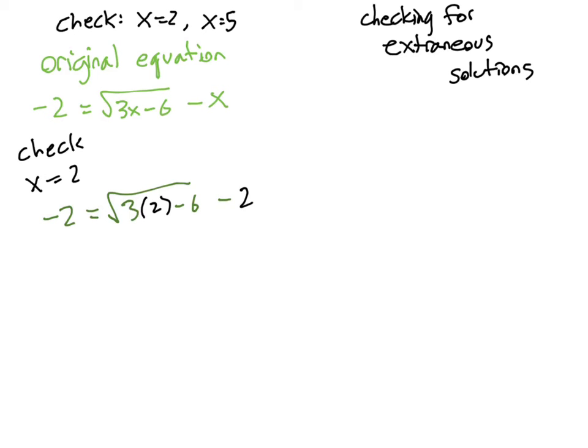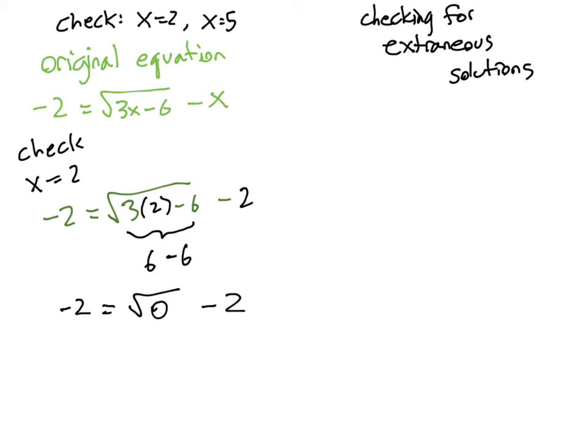Underneath our square root, we've got 3 times 2, which is 6, minus 6, which is 0. So we have really the square root of 0. And well, what is the square root of 0? That is the number that if we multiply it times itself equals 0.